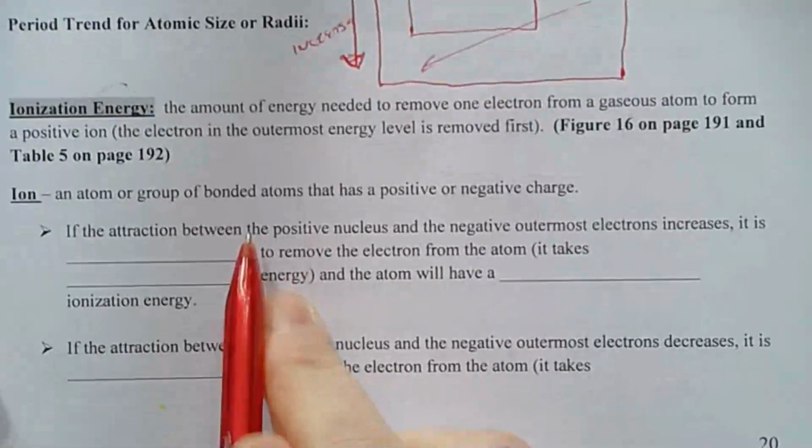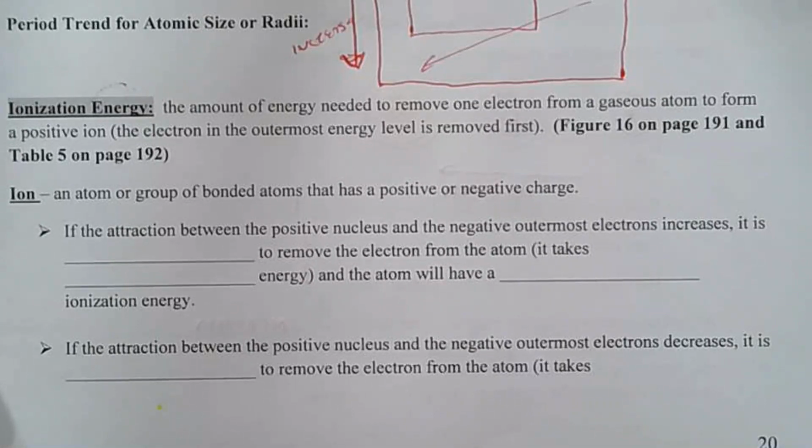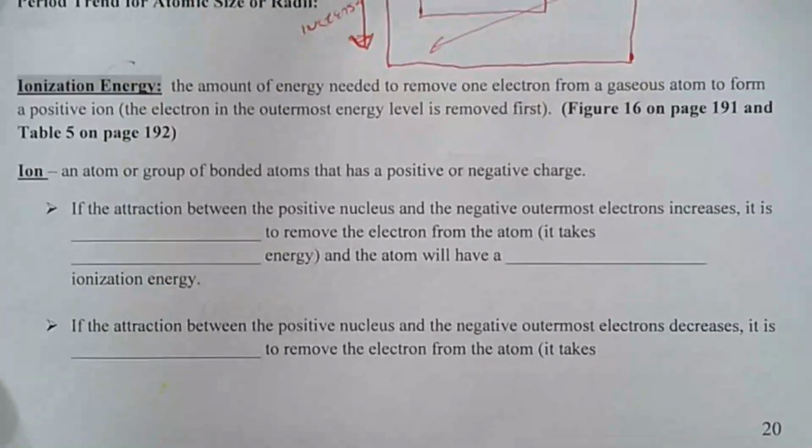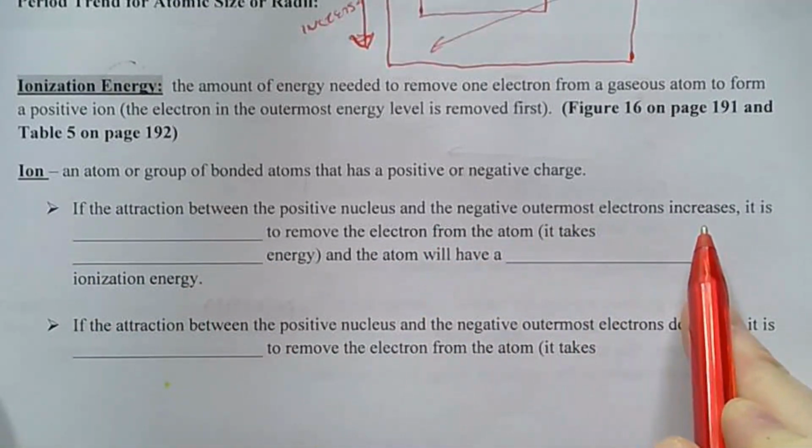So, if we're looking at an atom versus an ion. Remember, an ion is just an atom or a group of bonded atoms, if you're talking about polyatomic ions, that have a positive or negative charge, which means the protons and electrons are not present in equal amounts, that there's an imbalance. So the attraction between a positive nucleus and a negative outermost electron increases.